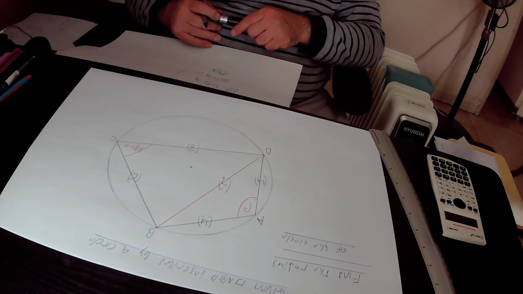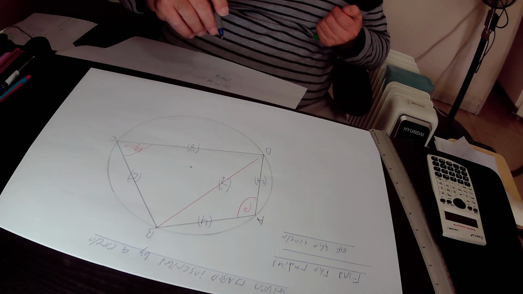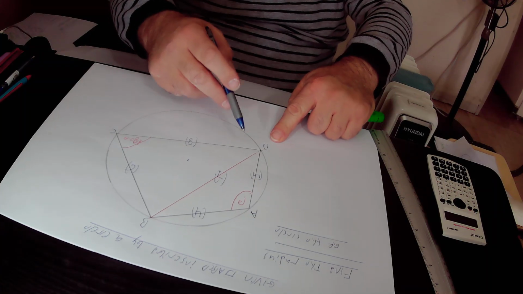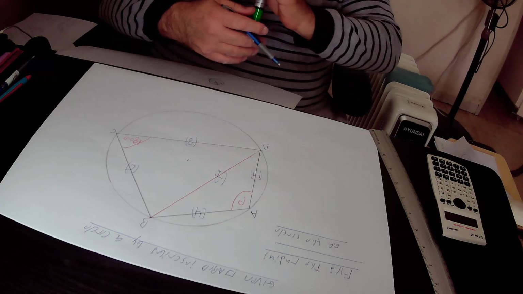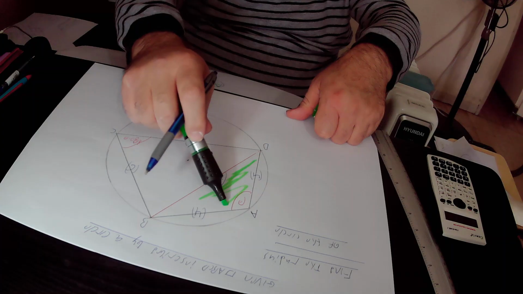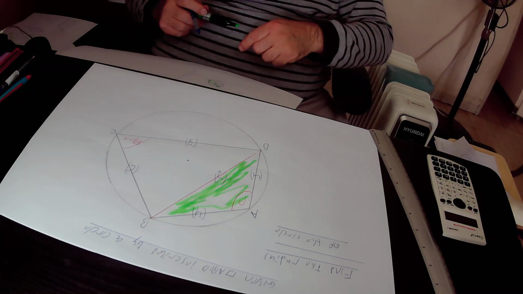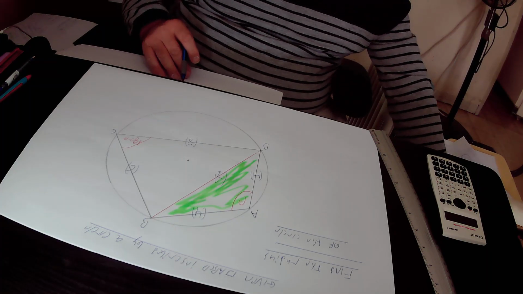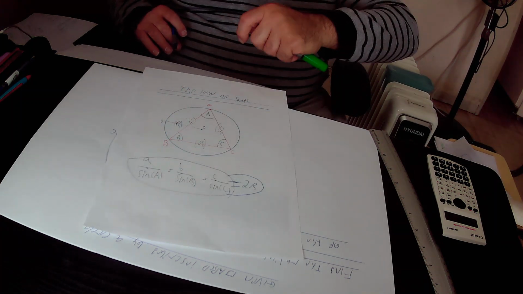So the next step, we will implement the law of sines in this triangle, the upper green triangle ADB. So please click on the law of sines. The law of sines is true in any triangle.